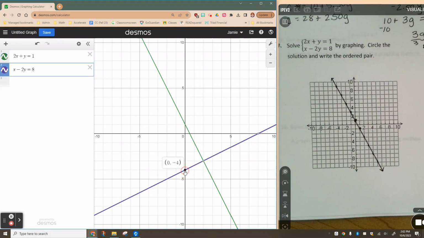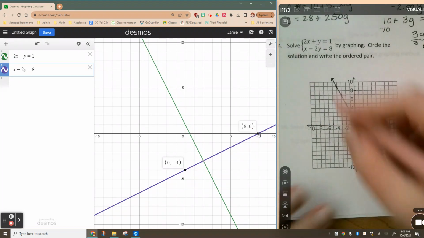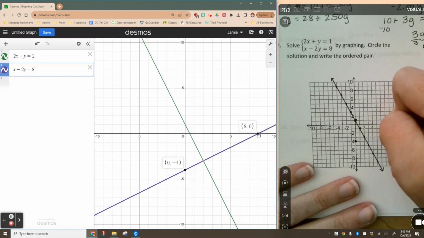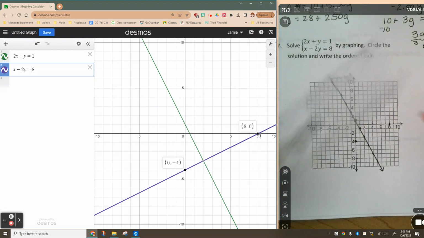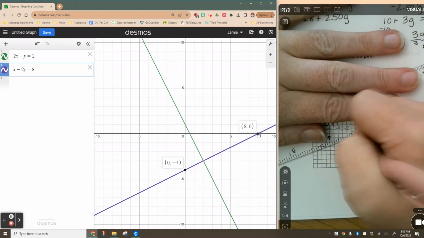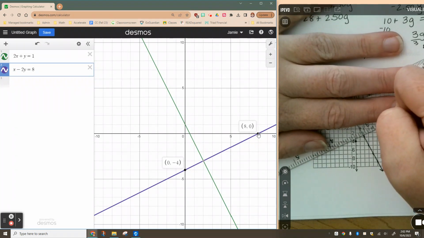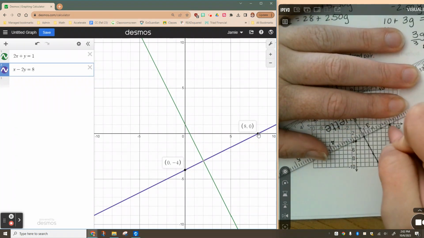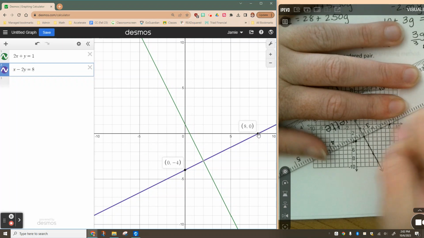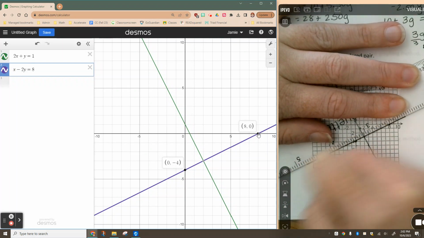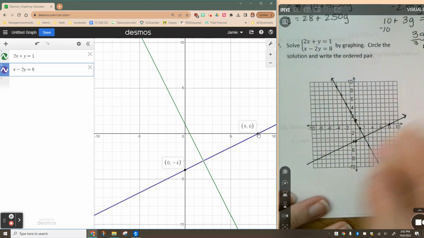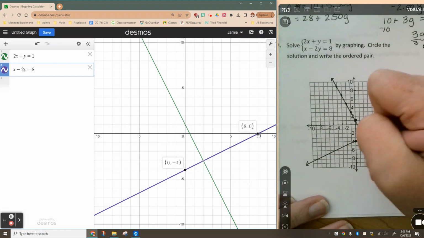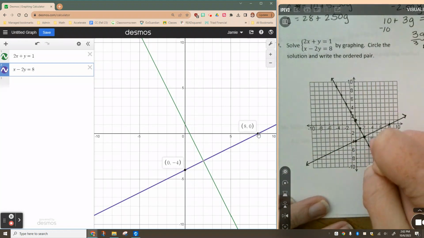Okay, let's look at our second equation. Our y-intercept is at -4, and we have an x-intercept at 8. So we'll go from -4 to 8. And let's just cheat a little. Well, it's not cheating. I mean, I have 2 points. All you need for a line is 2 points. And we intersect right here at 2, -3.